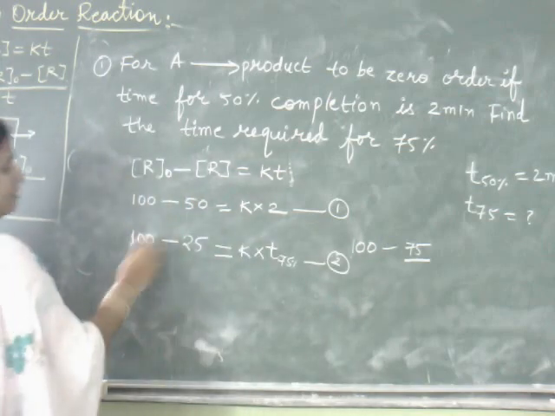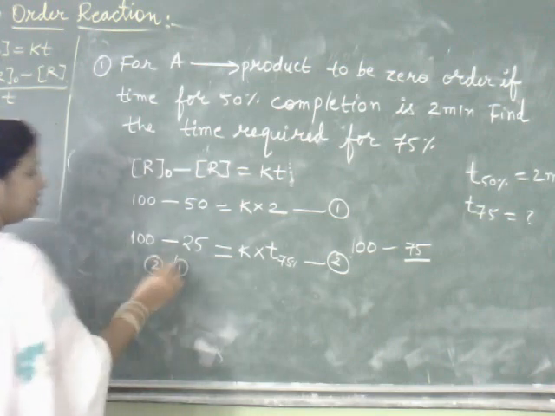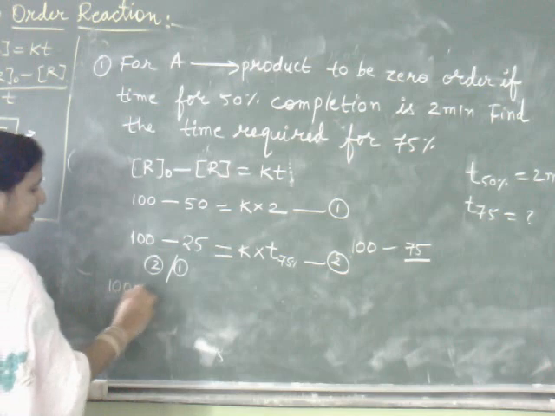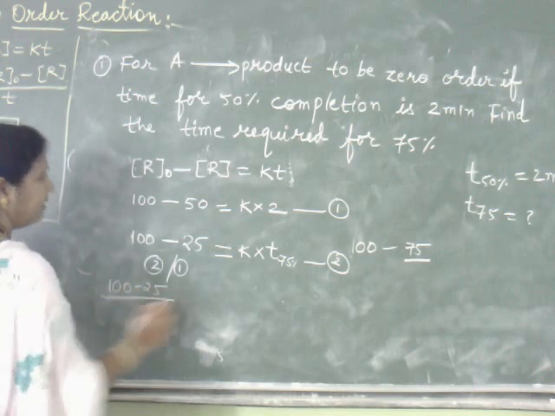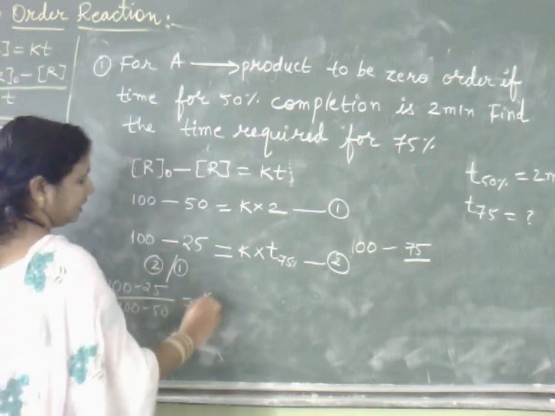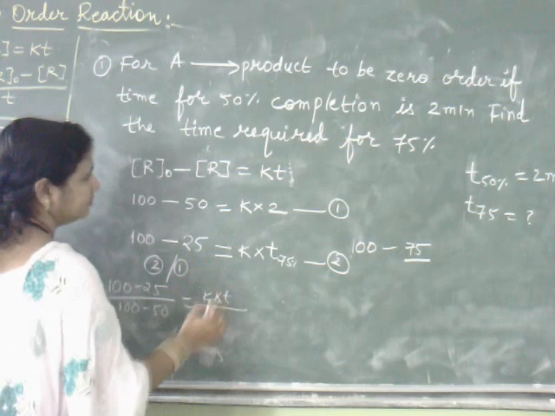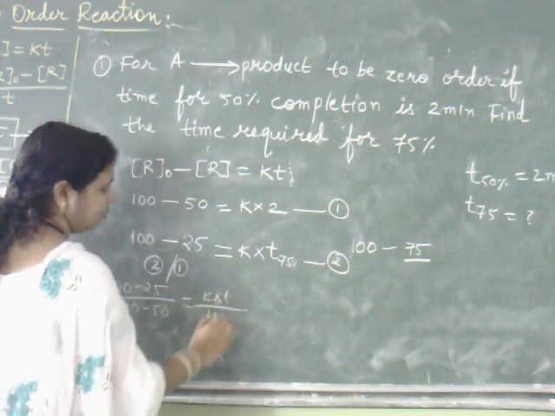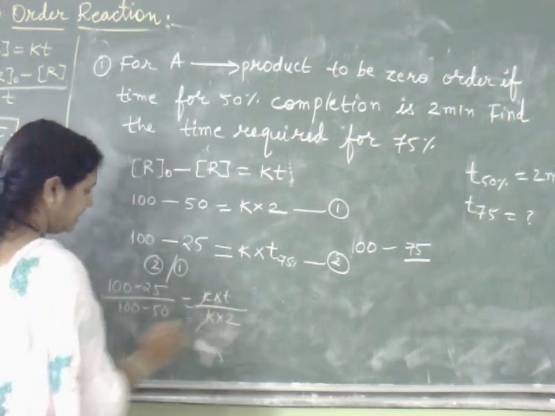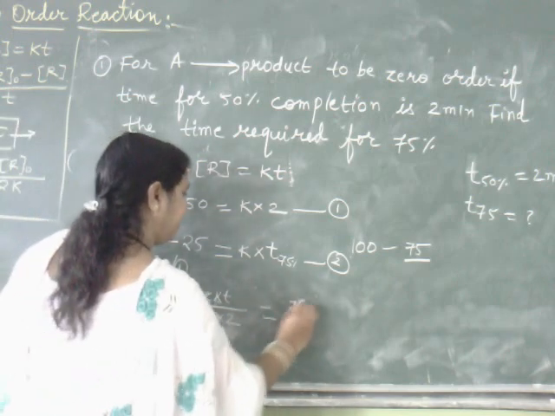So just divide equation 2 by 1. So we will get here 100 minus 25 divided by 100 minus 50 is equal to K into T by K into 2. Just K cancels here. 100 minus 25 means how much here? 75.